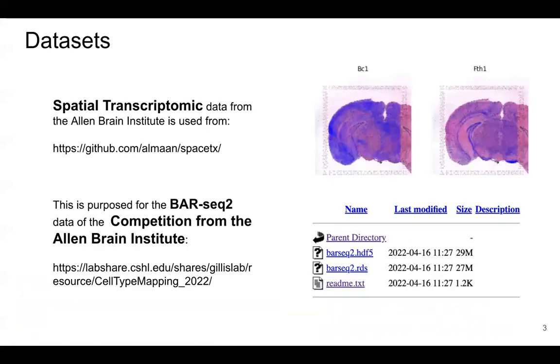So the datasets are 1 from spatial transcriptomic measured from the Allen Brain Institute, provided in the GitHub link, and this is for the competition called CAST, also from the Allen Brain Institute, and they provide, I believe, BAR-seq2 single-cell RNA-seq measurements, but they remove 3D coordinate systems that BAR-seq2 can extract from the single cell of the mouse brain.